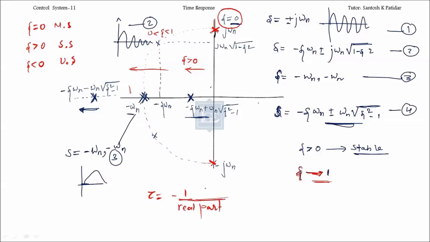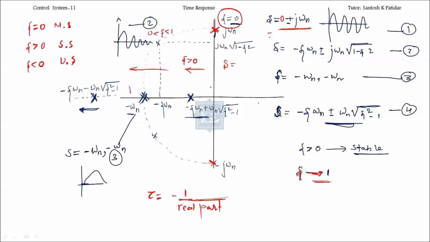If zeta equal to 0, for the marginally stable system, we got S as plus minus j omega n, so there is 0 real part.